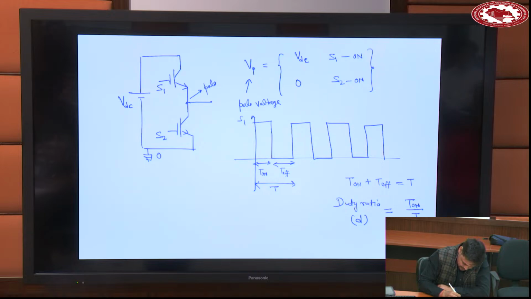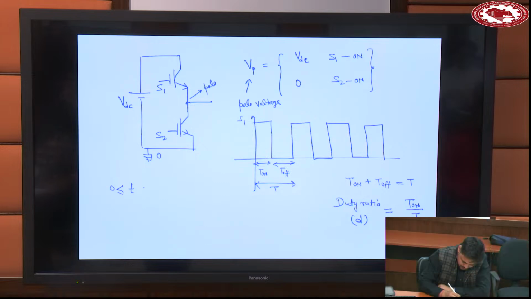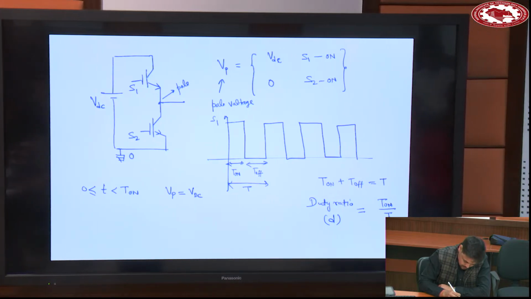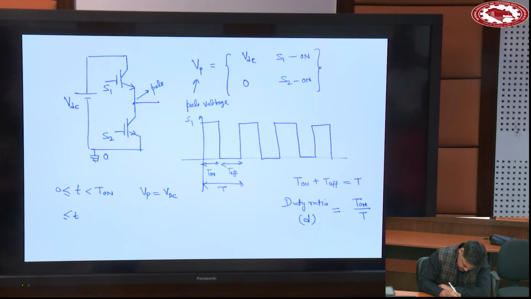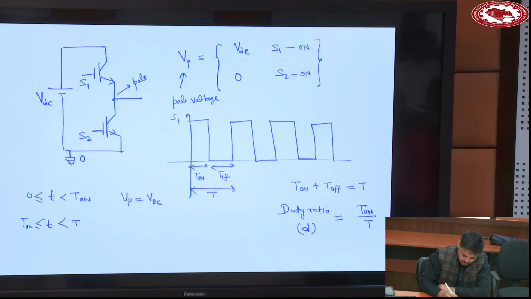So when t is from 0 to T on, Vp is equal to VDC. When t is from T on to T, Vp is equal to 0.